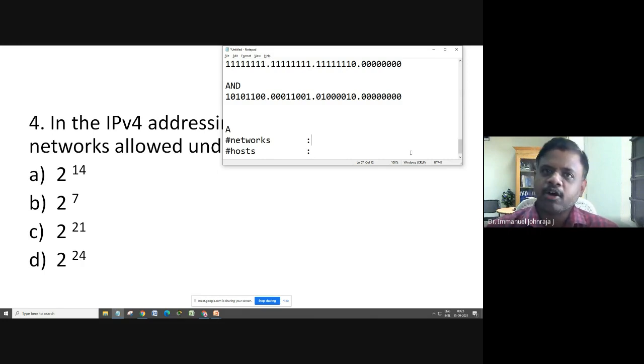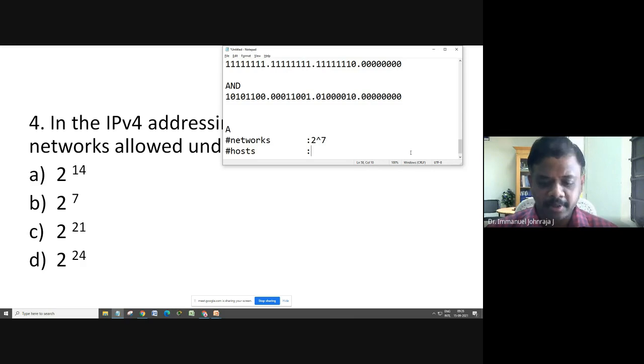In class A, how many bits are with the network? 7 bits. How many bits are with the host? 24. The number of networks is 2 power 7. So this is going to be the number of networks in class A. I'm not going to worry about the number of hosts, because that is not the question.